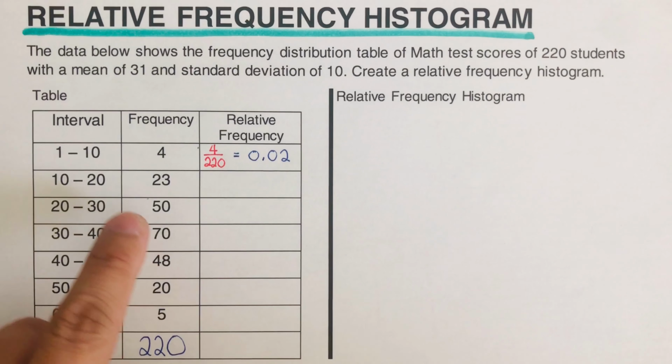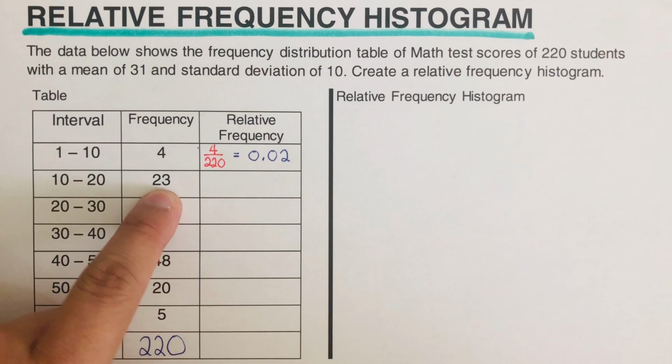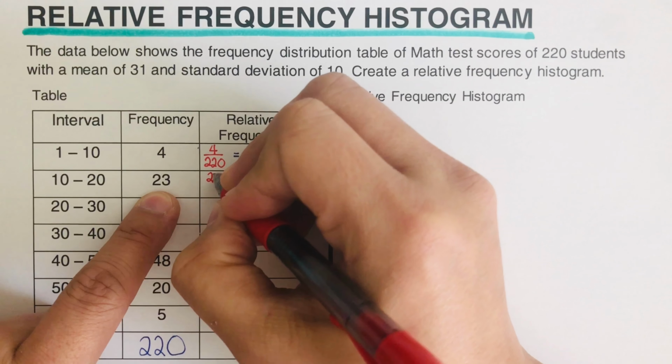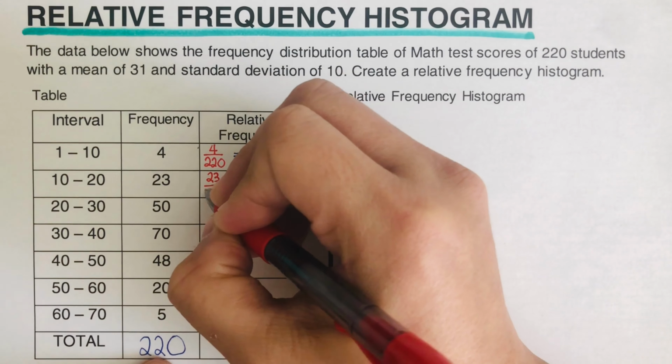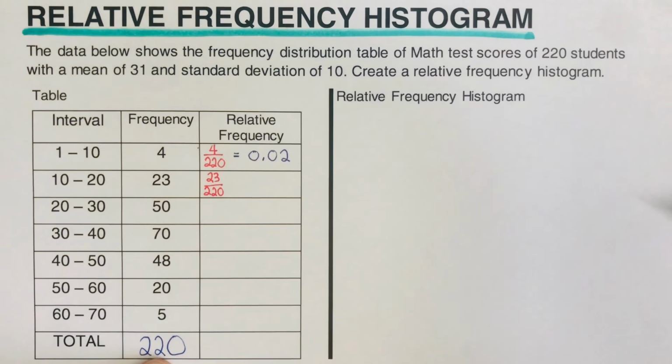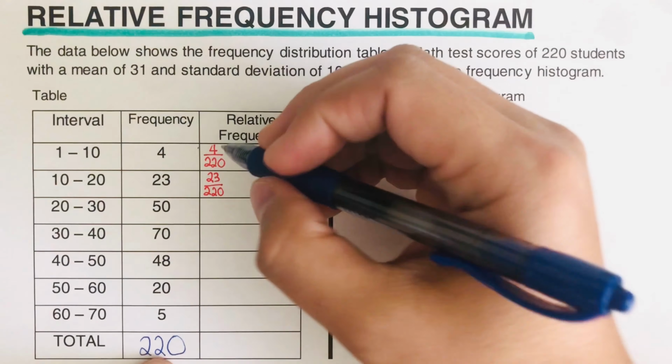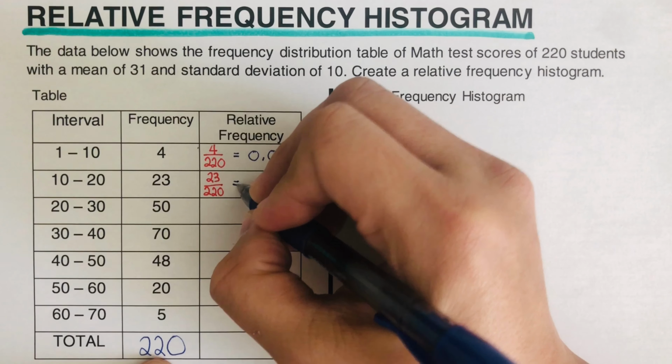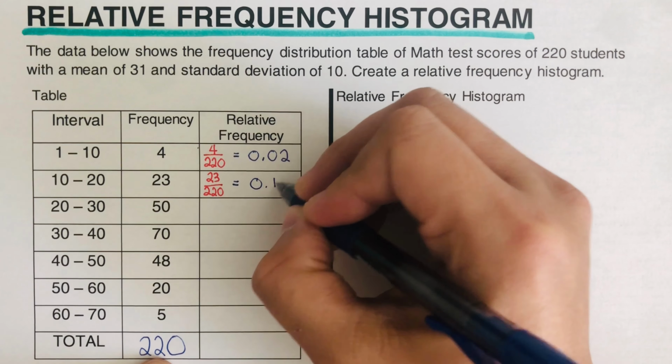So in order to get the next interval right here, that would be 23. So I will divide 23 by the total 220. And then again, I will have to use a calculator in order that I can determine the value for this. And that would be 0.10.